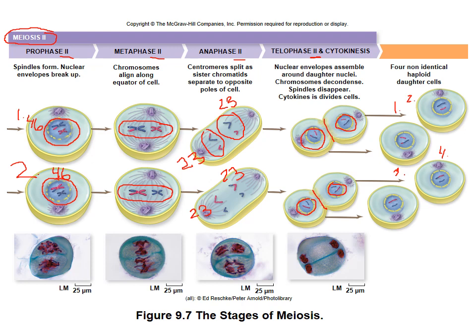Each daughter cell will have how many chromosomes? 23, which is only half of what we started with. So that's our haploid copy. So notice right here how it says at the end of meiosis, you're going to walk away with 4 haploid daughter cells, and they're non-identical. The reason they're non-identical is because of the crossing over that has occurred.